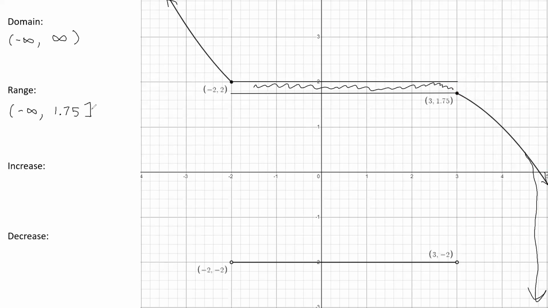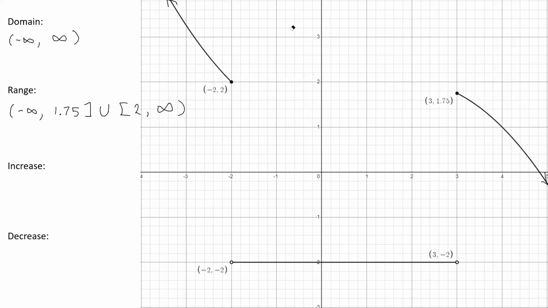Then we draw a union, because we're just jumping over this extra section right here. And now we start it back up again at y equals 2. So it goes bracket, because we're including the 2 again, it's a solid dot, 2, comma, infinity, because it just goes on and on forever up here. Hope that makes sense. It's a bit trickier than the other ones we've done so far.